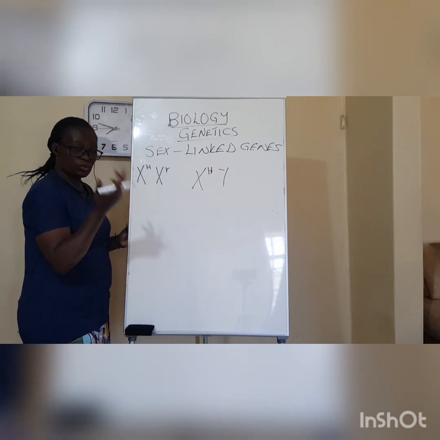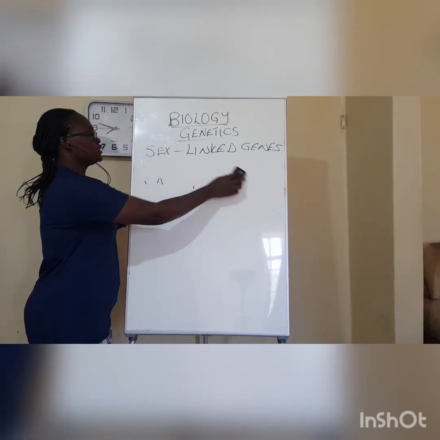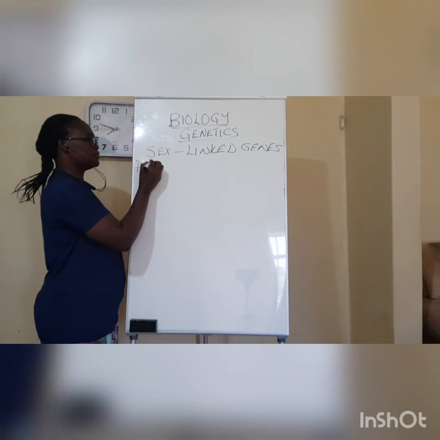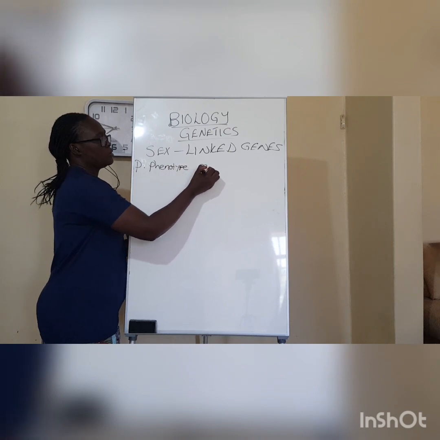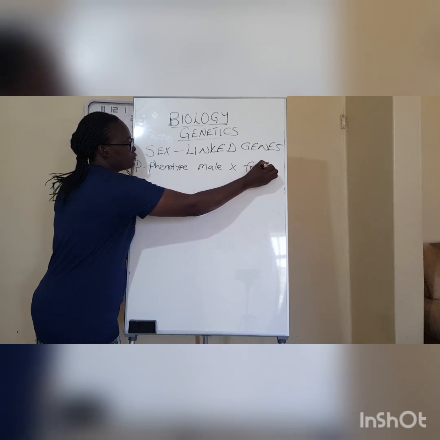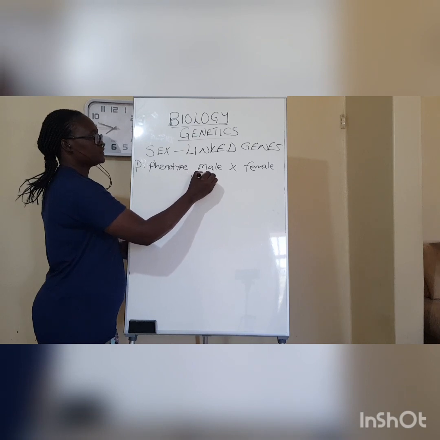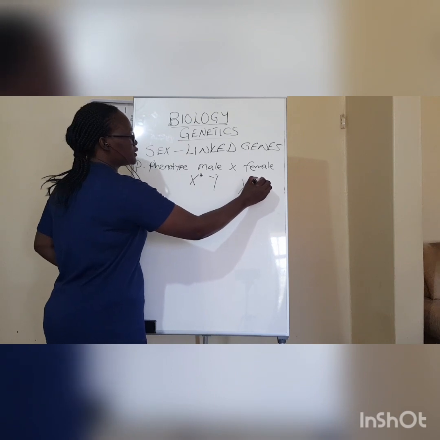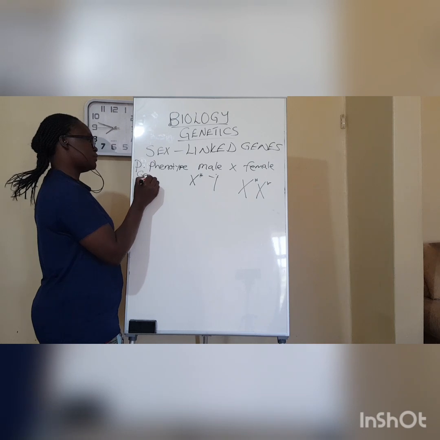This is what is going to help us to come up with that son who is hemophilic. So we start. We have parental phenotype: male crossing with female. This male is normal, that's what they've said. Then the female who is normal but is a carrier. That's genotype.